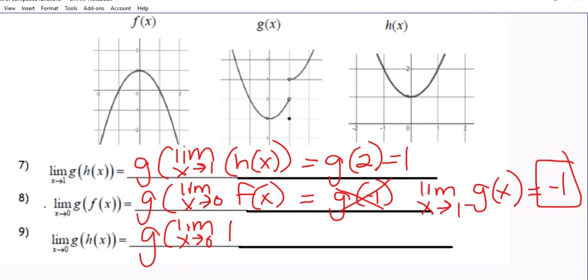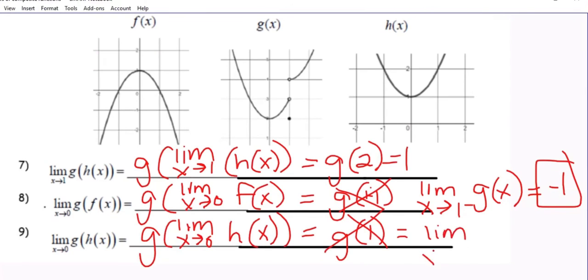So if you have unpaused your video, go ahead and take a look at the values that I've put on here. The number 7 worked out nicely because number 7 was continuous at 2. g of 2 was continuous. We could do that. But number 8 and 9 did not work because g of 1 was discontinuous.